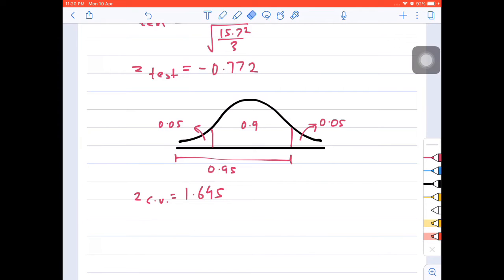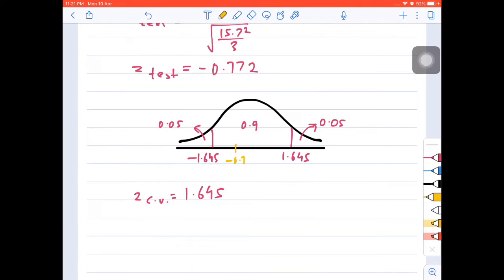So if I erase this, it's 1.645 here and negative 1.645 here. The z test value, negative 0.772, will lie somewhere over here towards the right, in the acceptance region.